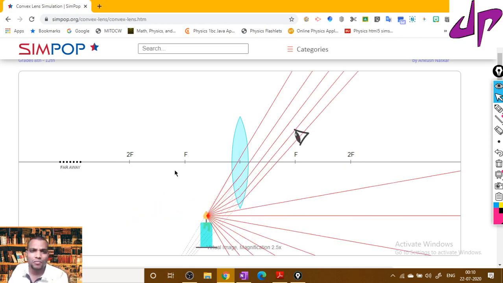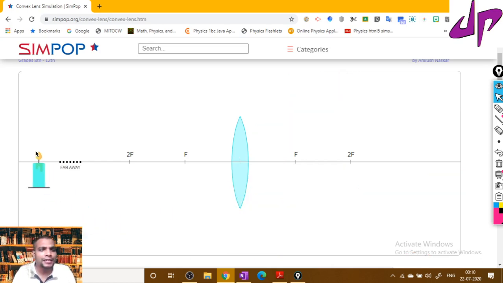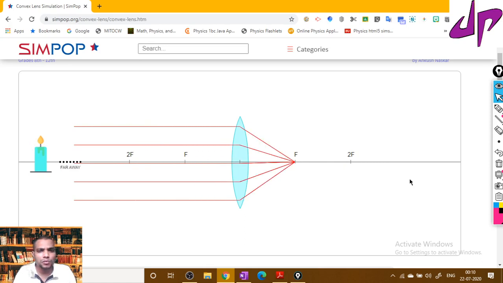To explain, this f is the focus or focal length. This is 2f, meaning the focal length is doubled. The imaginary line is the principal axis. I will keep this object, here a candle, at different positions. Now this is my first position.